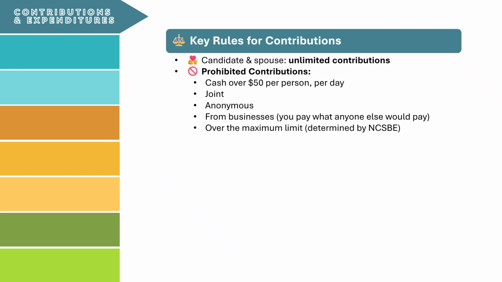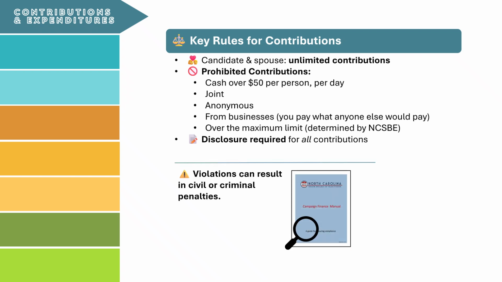This limit is updated by the North Carolina State Board of Elections, or NCSBE, every odd-numbered year, so be sure to check the current limit on the NCSBE website or in the NCSBE Campaign Finance Manual. All contributions are regulated by North Carolina state law, and violations can result in civil or criminal penalties. So be sure to review the current NCSBE Campaign Finance Manual if you have questions about accepting campaign funds.